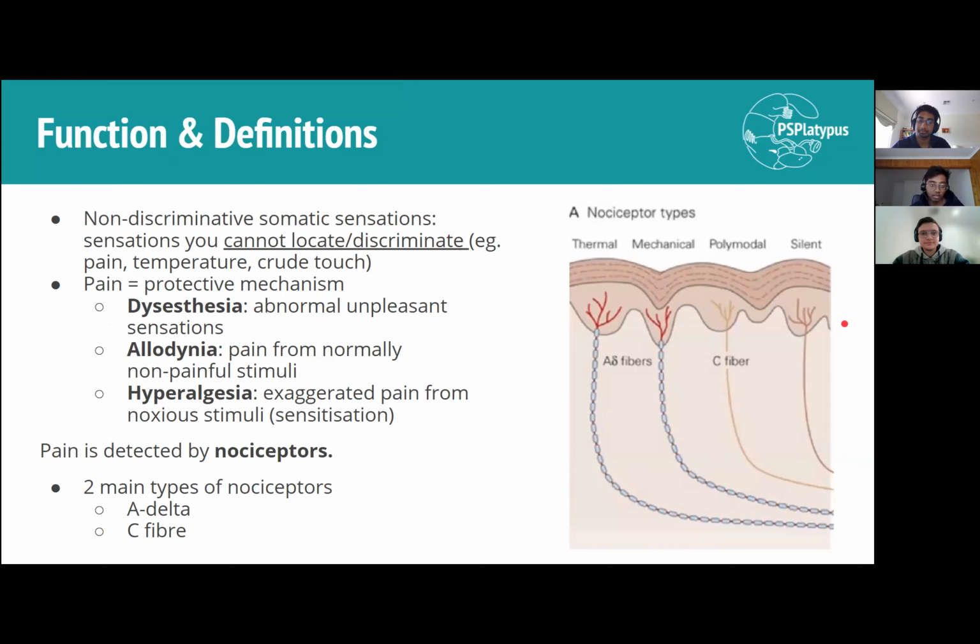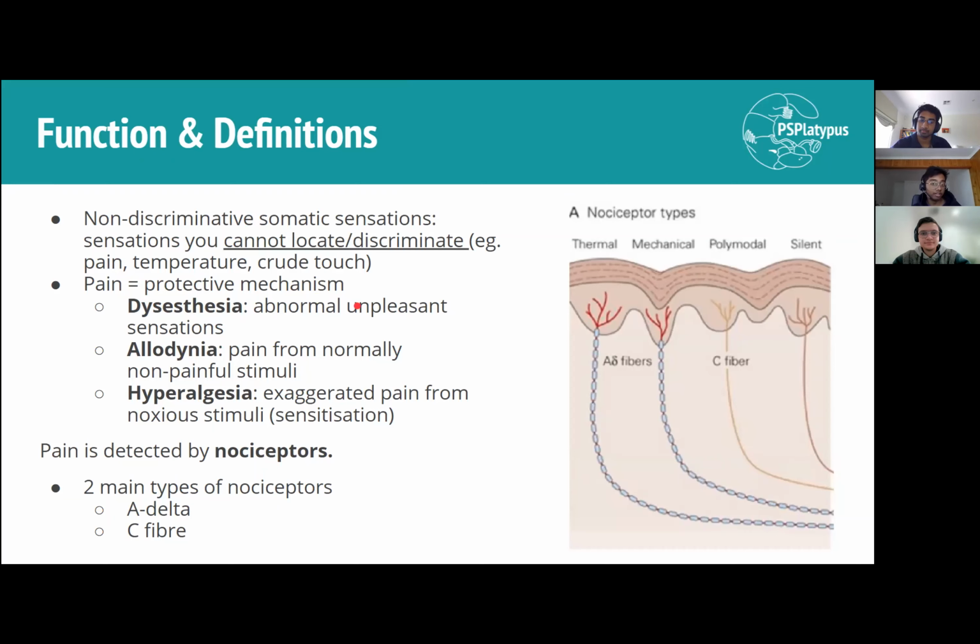Pain is classified as a non-discriminative somatic sensation, meaning that we typically can't really locate or discriminate pain. There are different types of pain, and some are more localized than others, but it generally falls under the category of non-discriminative sensations. If you think about it, pain is really a protective mechanism that indicates to us when our body is damaged.